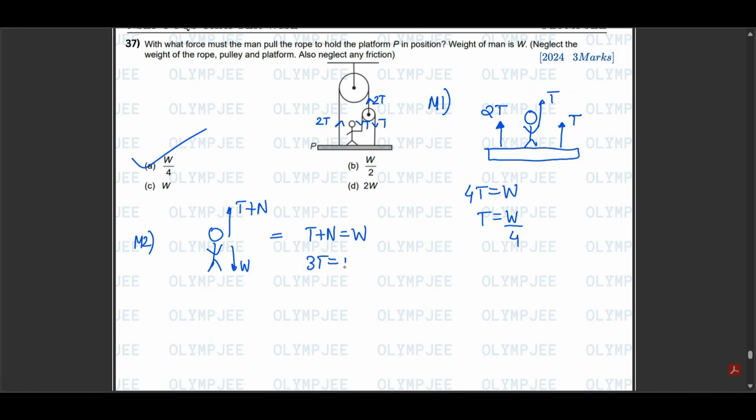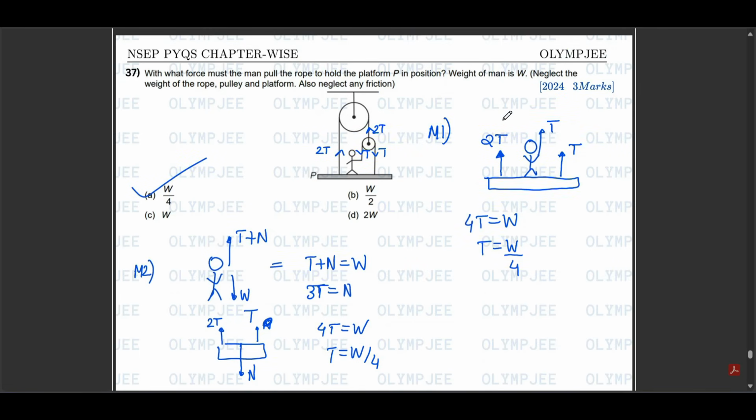So 3T is equal to N, because the platform would be something like this, 2T is here, T is here, and N is downwards. So 3T is equal to N. From here we can substitute this here, so we get 4T is equal to W, which we got here. So from here also we get the same answer.